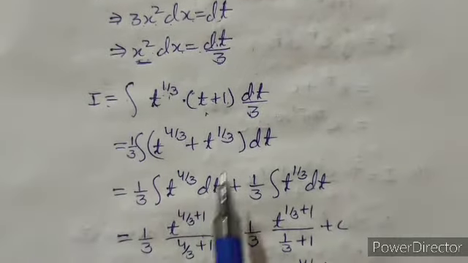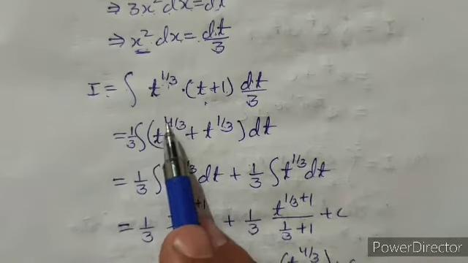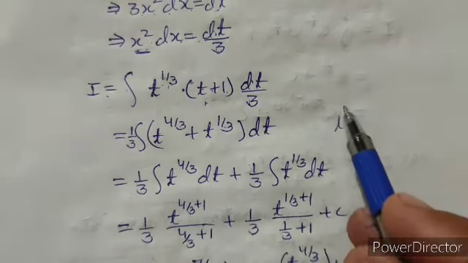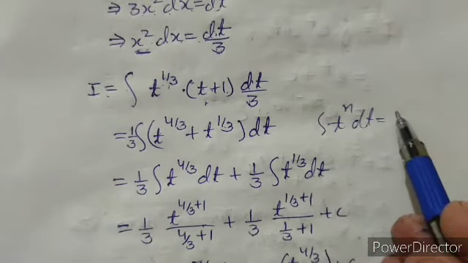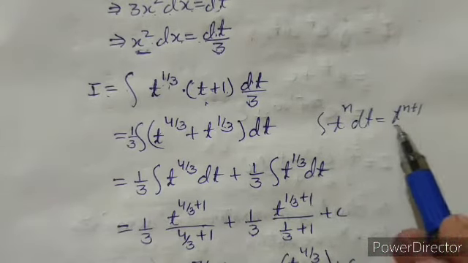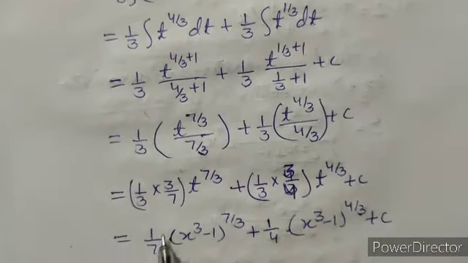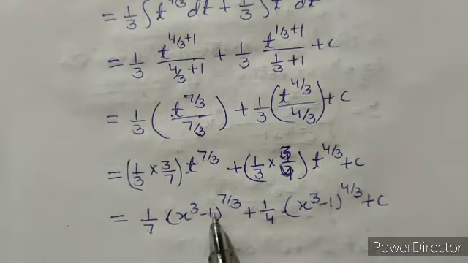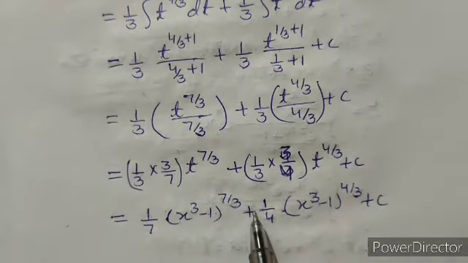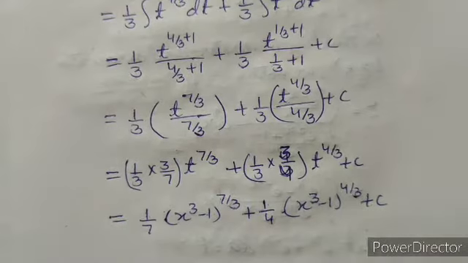Now this can be solved by using the formula integral of t raised to power n will be equal to t raised to power n plus 1 upon n plus 1, which is giving us the answer as, after putting the value of t, 1 by 7 x cube minus 1 raised to power 7 by 3 plus 1 upon 4 x cube minus 1 raised to power 4 by 3 plus c.